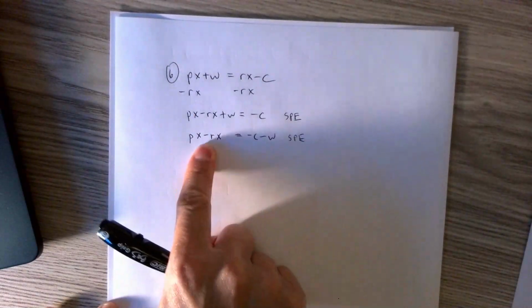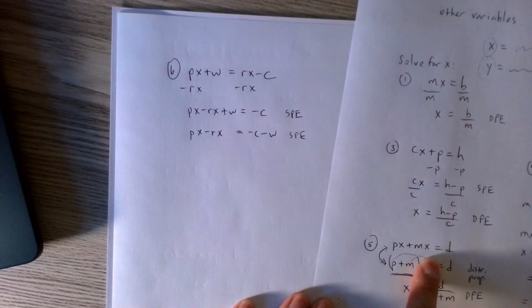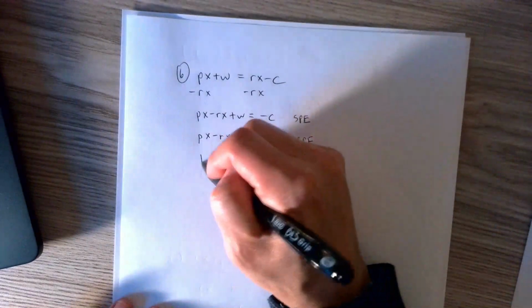Now I'm at the same place I was before in the previous example number 5. So I will now use distributive property, the backwards form of it.